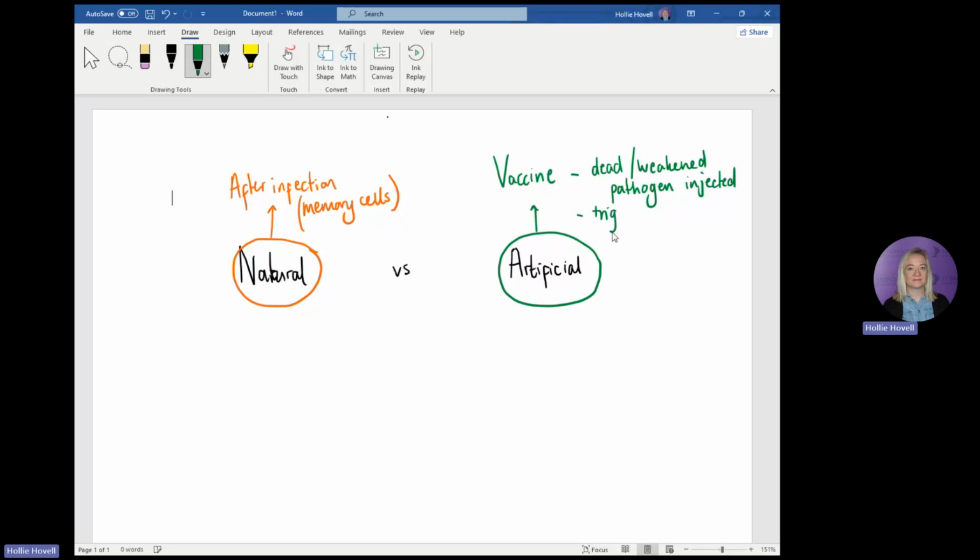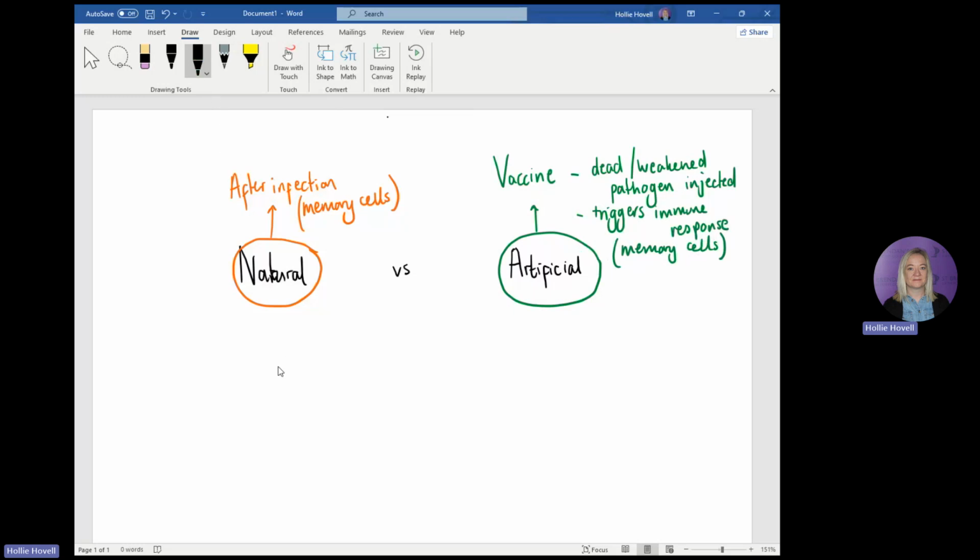So that triggers an immune response, just like we've just learned about. Okay, and that is going to then make memory cells exactly the same. So if you're infected for real, again, in the future, you'll already have all those memory cells ready.